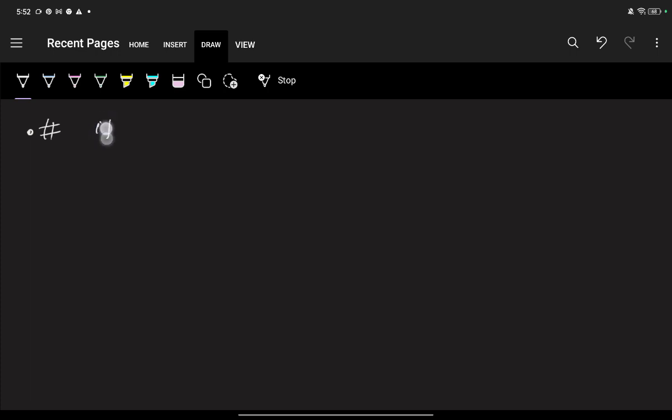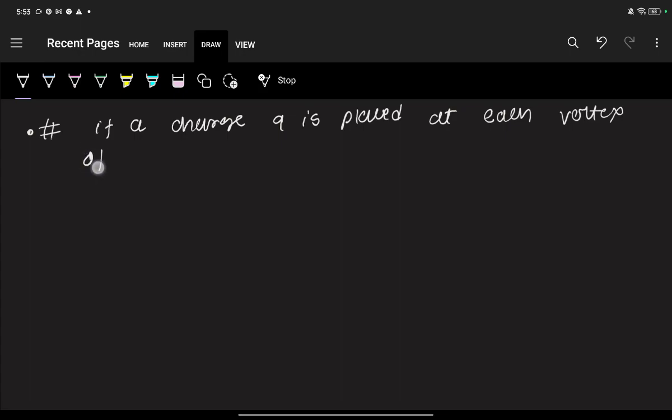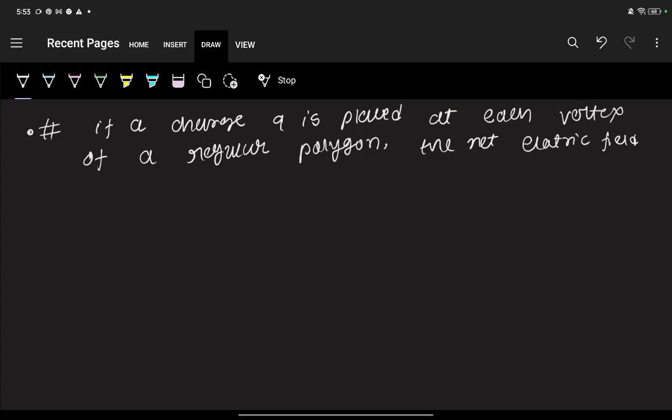If a charge Q is placed at each vertex of a regular polygon, the net electric field at its center is zero.